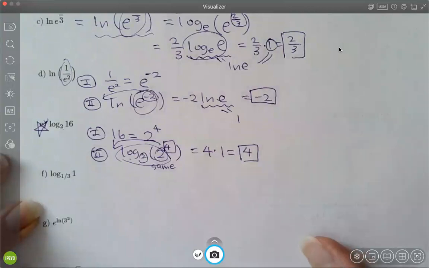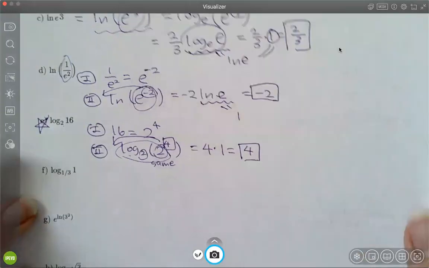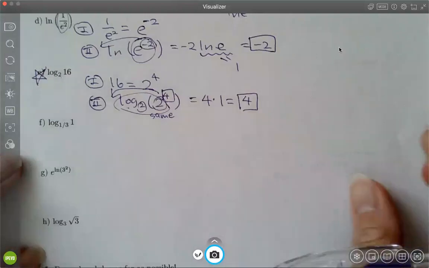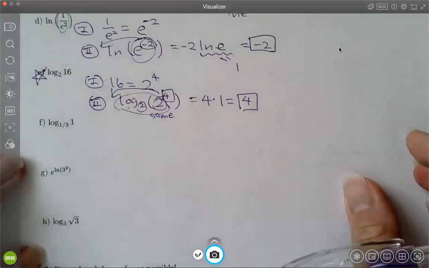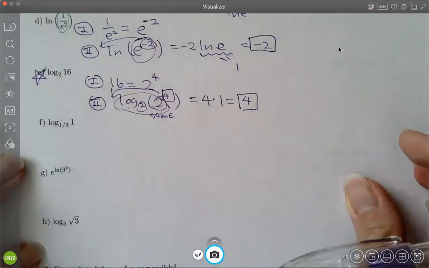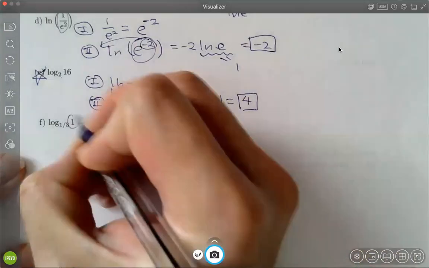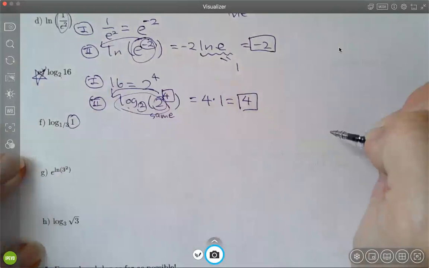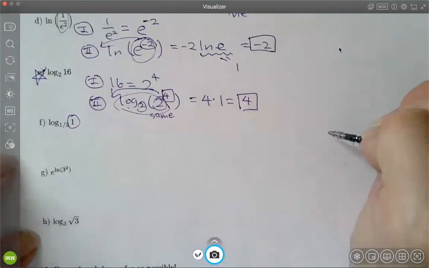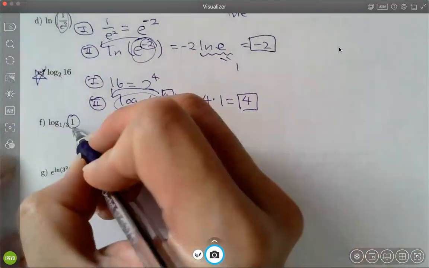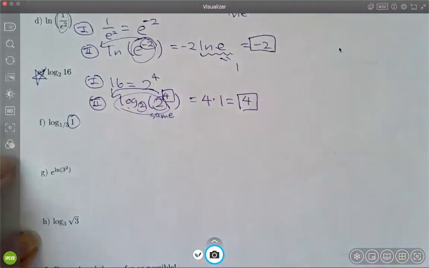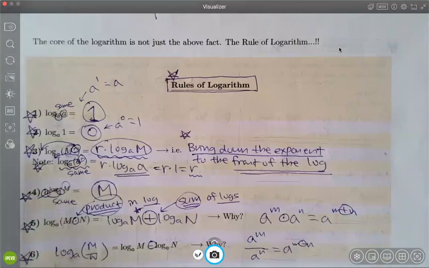Now, next part. Here the base is now 1/3, which is a weird base, but don't be bothered by that. What is the key number here? No matter what your base is, whenever this number is equal to 1, what's the answer? 0.